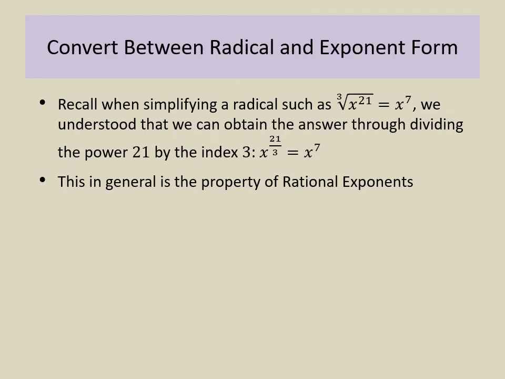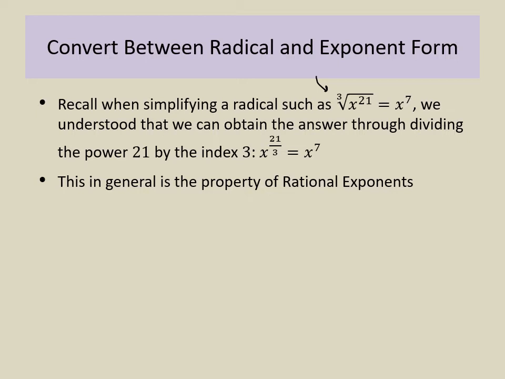Let's start with something that we're familiar with. So here is a radical that we have been able to simplify before. How do we do this? How do we do the cube root of x to the power of 21? Does anyone remember the shortcut?